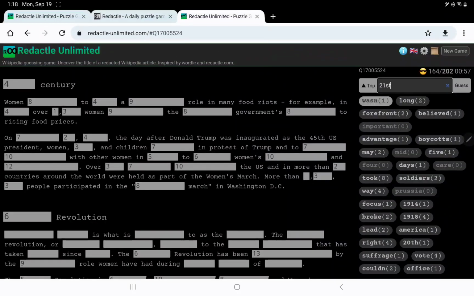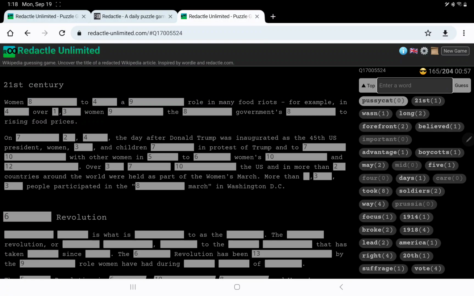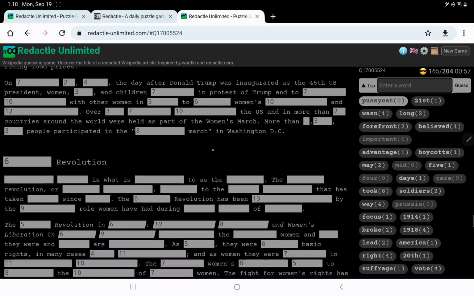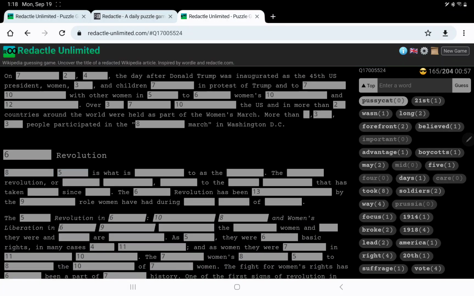So 21st century, of course. Oh, the Pussycat March, perhaps. No, what was that called? That march called? The, and then 6th revolution is what is referred to as the 6.